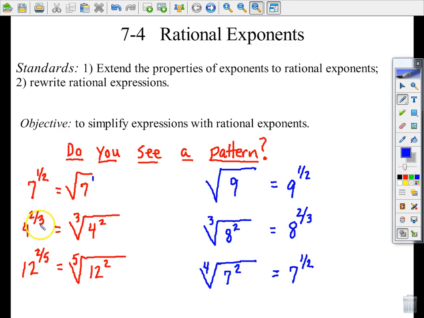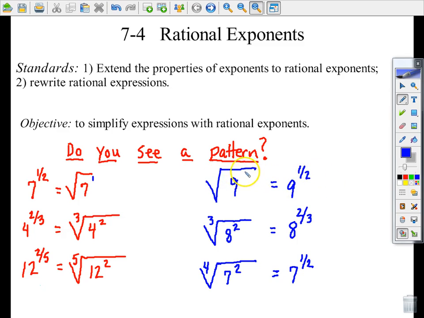So same thing here. This is another way of saying the cube root of 4 squared. The denominator is the root. The top number will be the exponent for 4, and so forth. And I just did the same thing going the other direction, because some of your homework tonight, you'll be taking radical form and writing it in rational exponent form. So notice, again, the root, which is the 2 that's invisible, is the denominator.